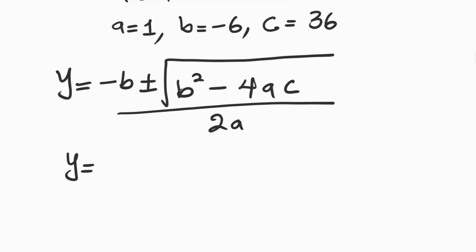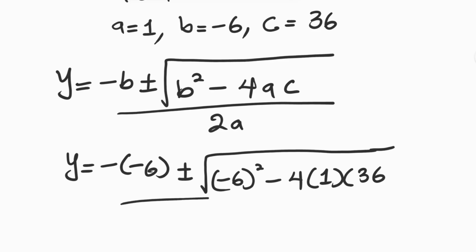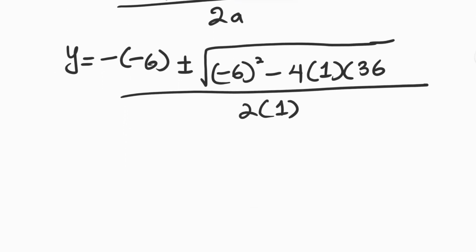Our b is minus 6, so we have minus 6 plus or minus the square root of minus 6 squared minus 4, a is 1, and c is 36, all divided by 2 times 1.